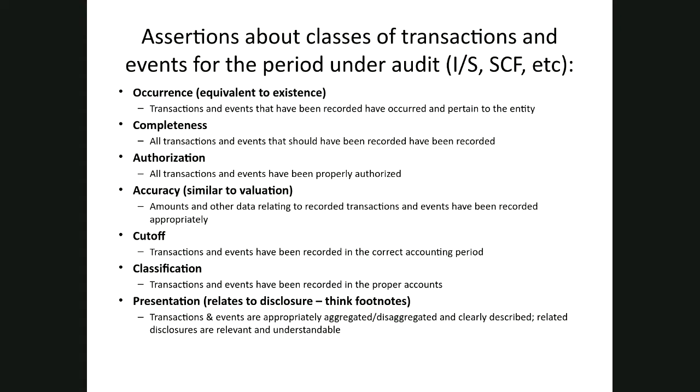And then for presentation, for that assertion, we have the same kind of concerns, right? We want to make sure transactions and events are being properly aggregated, disaggregated, clearly described. We want to make sure footnote disclosures are understandable.